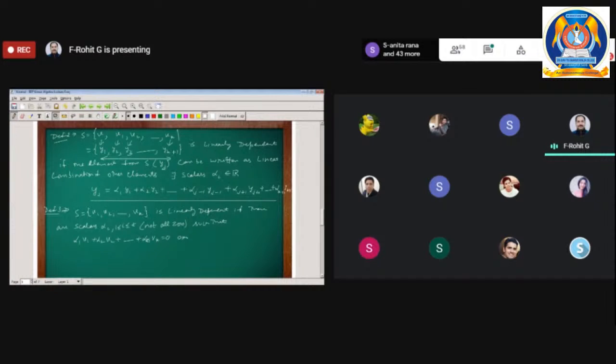Or I can write in summation, i equal to 1 to k, alpha i vi is equal to 0.